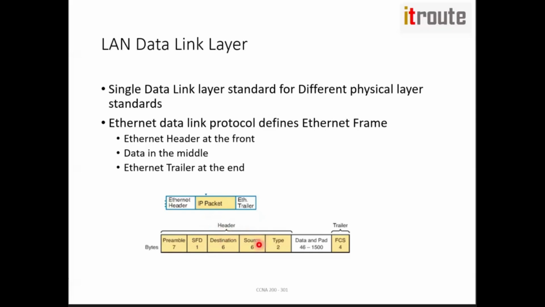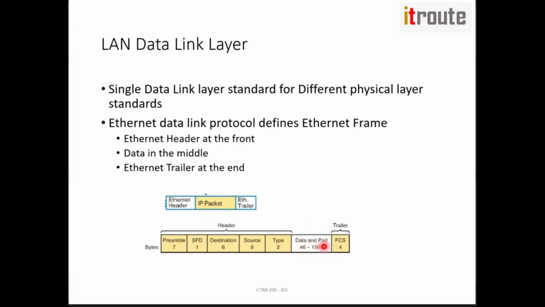So that means in one frame, we have destination MAC address information and source MAC, like where this frame came from. Then the type field, whether IPv4 or IPv6 packets, that information will be there. And then the data will be inside this section.